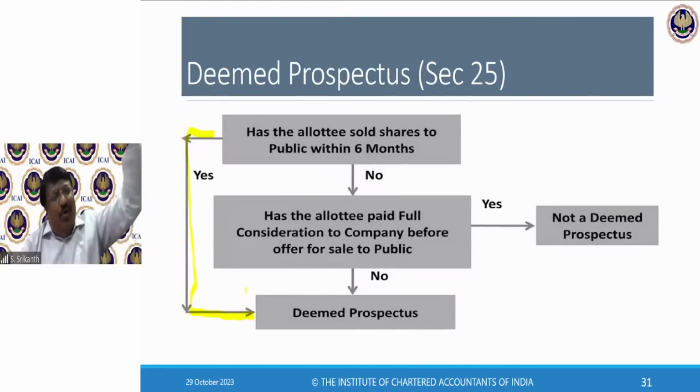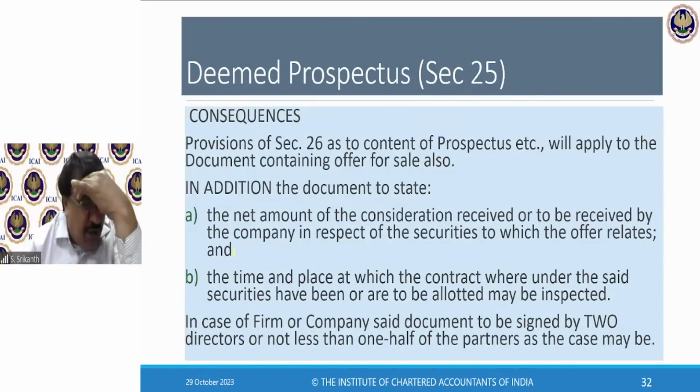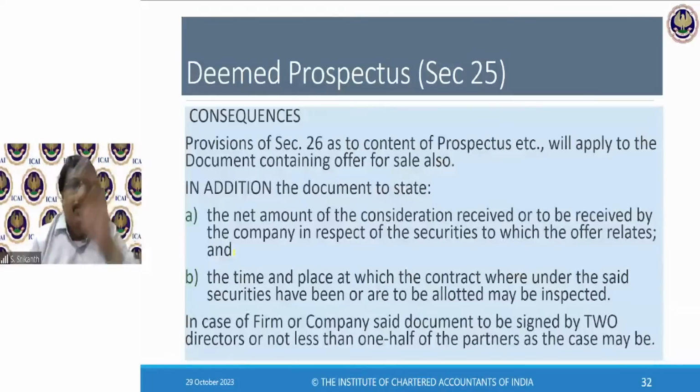You create your own chart where the deemed but not will come. You put arrow marks here, there, and all. That is your choice. There's no need for it. Because once one student kept on confusing me in one early class. Even I got cheated by that student's view and I tried to create a new chart and all. Then I realized, hey, what nonsense. This is the correct chart only.